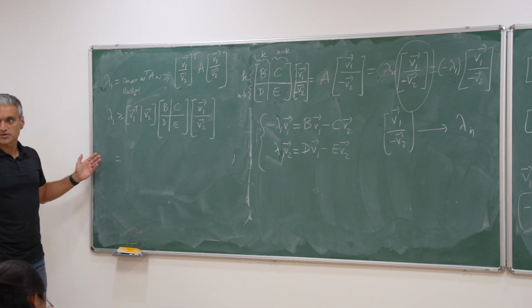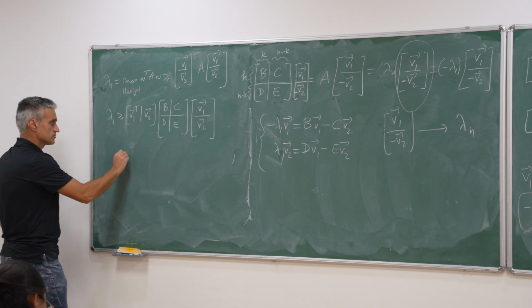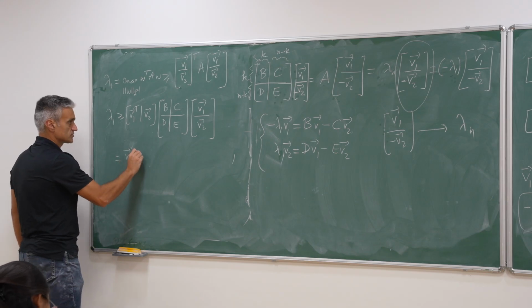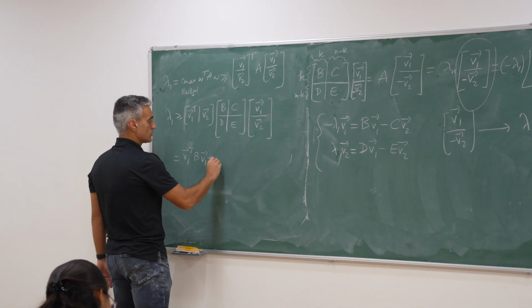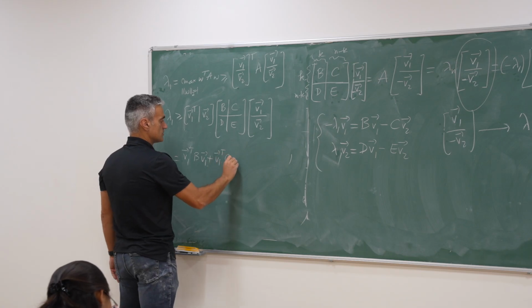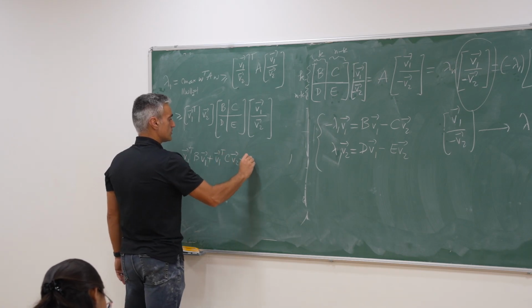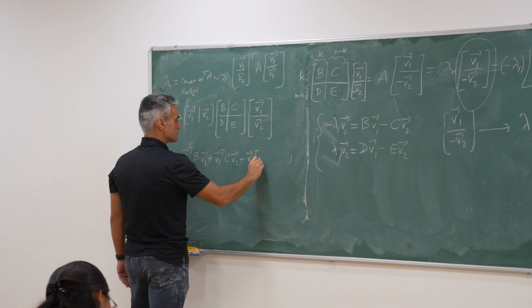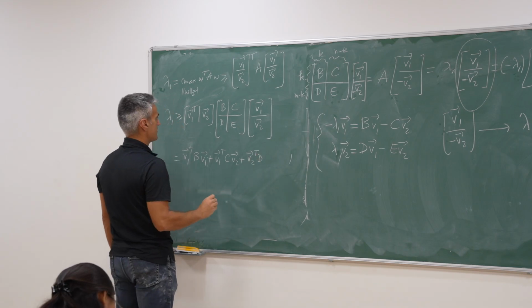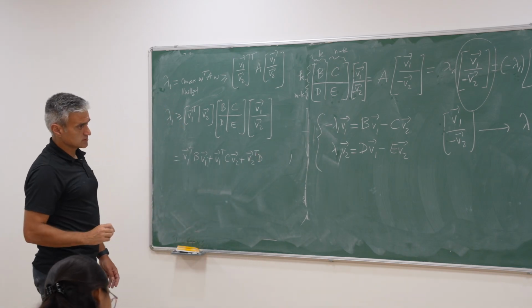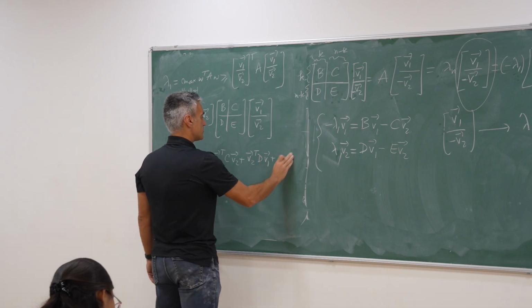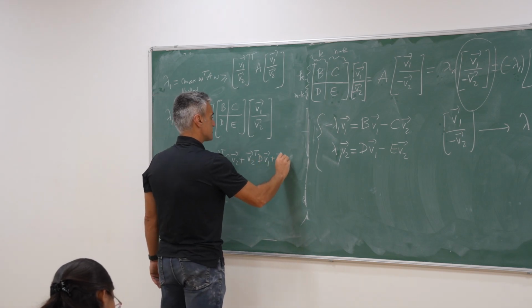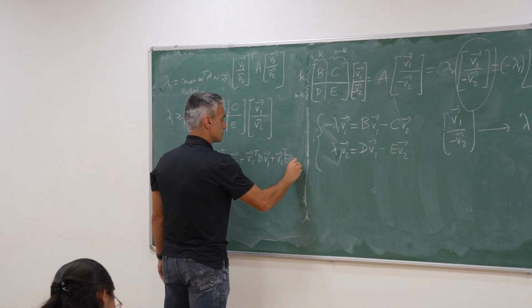And now you don't need to worry about it. I think it's going to be something like this: v1 transpose B v1 plus v1 transpose C v2 plus v2 transpose D v1 plus v2 transpose E v2.